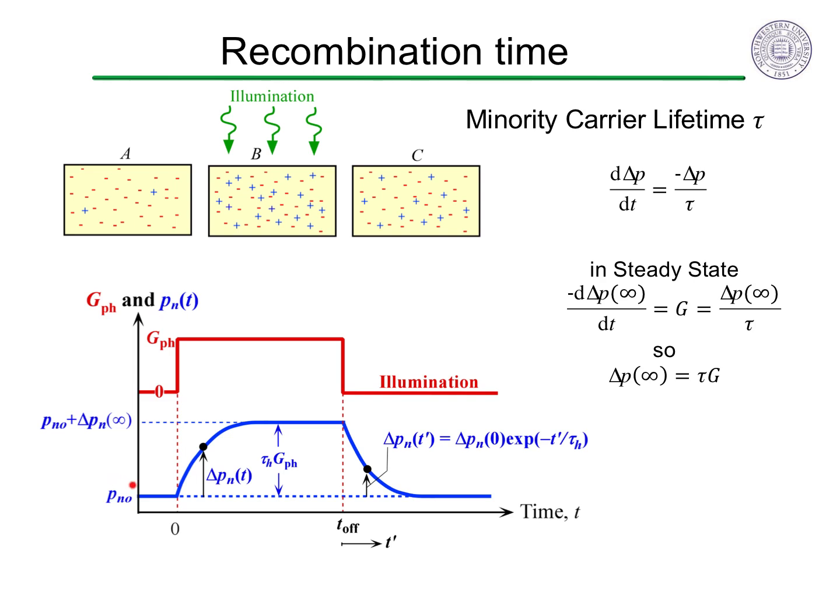We will call the increase in p delta p sub n, which rises linearly and then saturates at some constant level. When the light is turned off, the excess hole concentration will fall back to the dark value due to recombination, but it may take some time for the holes to find an appropriate electron.